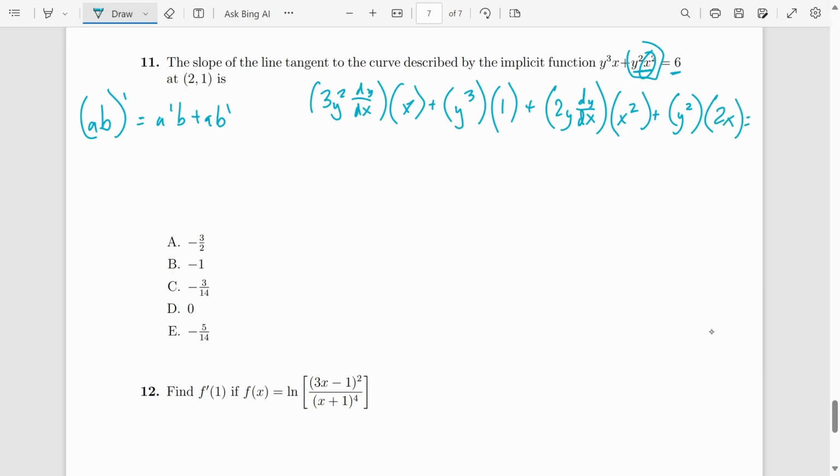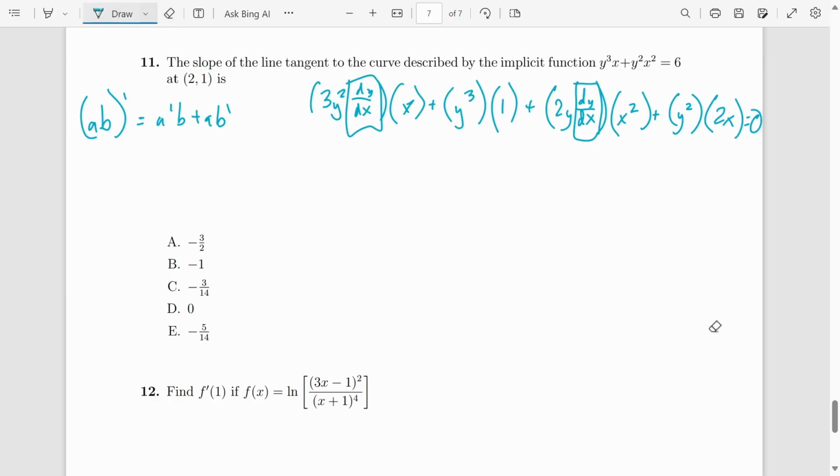And this is all equal to the derivative of 6, which is 0. So there is our derivative. Now we have introduced a third variable here, dy over dx, but fortunately that's what we're going to solve for, and we're given the values of the other two variables, x and y. So if we plug in 2 for x and 1 for y, and then solve for dy over dx, that'll be our answer.